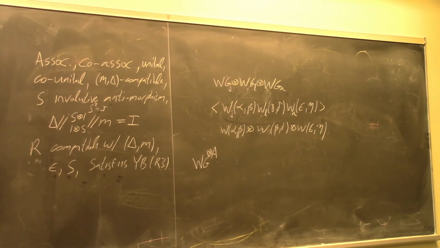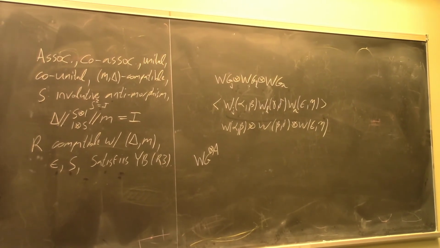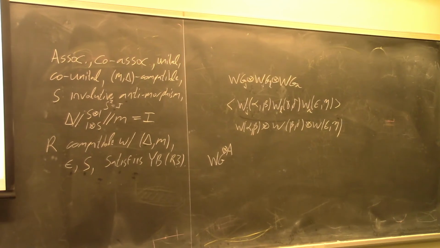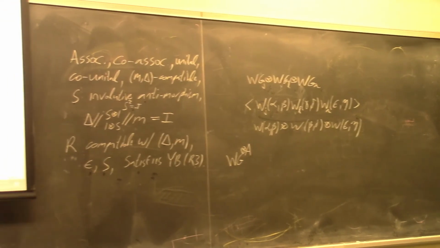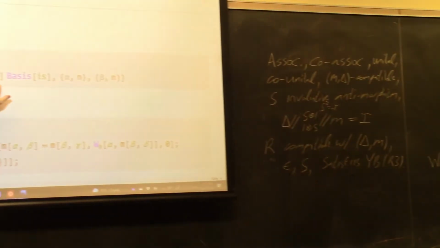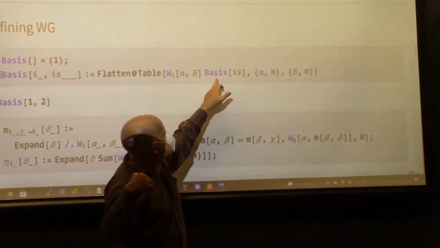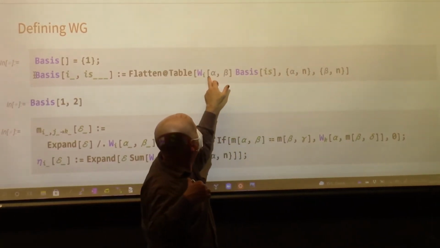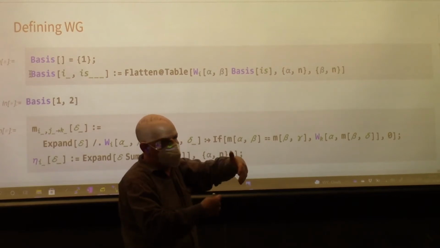If the set A starts with the symbol i, and then there are some further i's, then I create a table of Wi alpha beta and multiply it by the basis, which will be a list. Multiplying a single element with a list will produce a list of all the products.